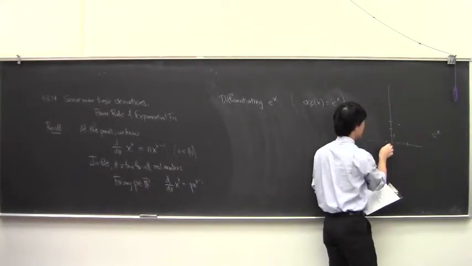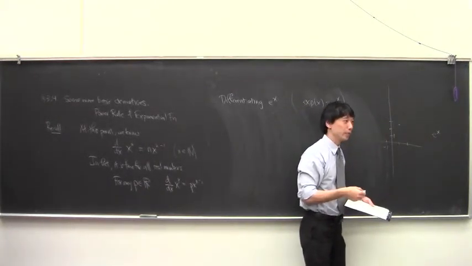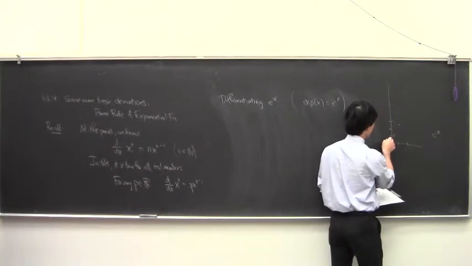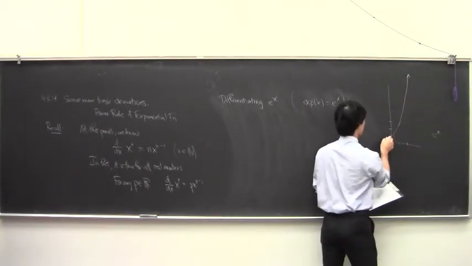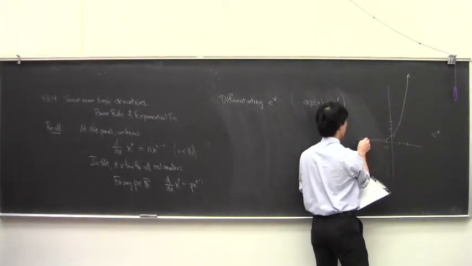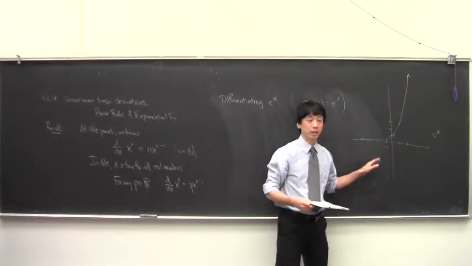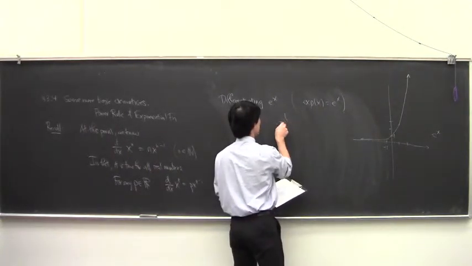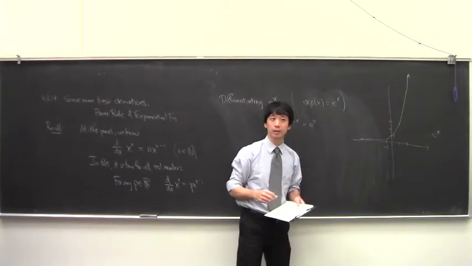At negative 1, it's 1 over e, so somewhere around here. So you have this function. That's what e to the x looks like, and it turns out that the derivative of e to the x is e to the x again.